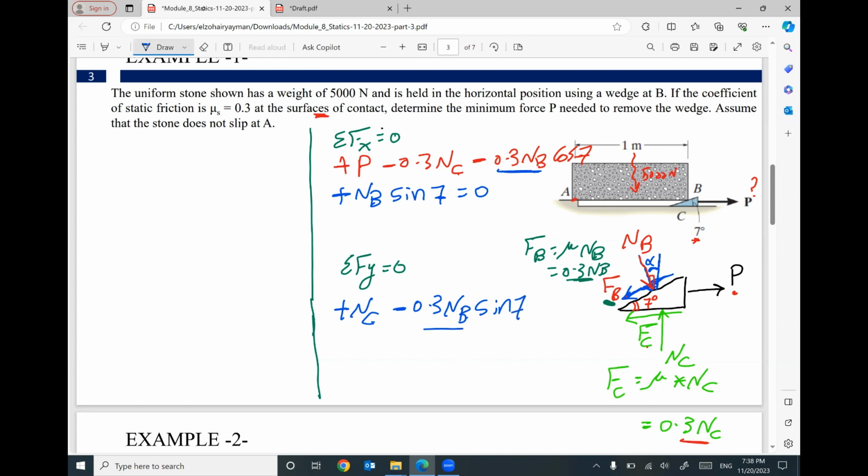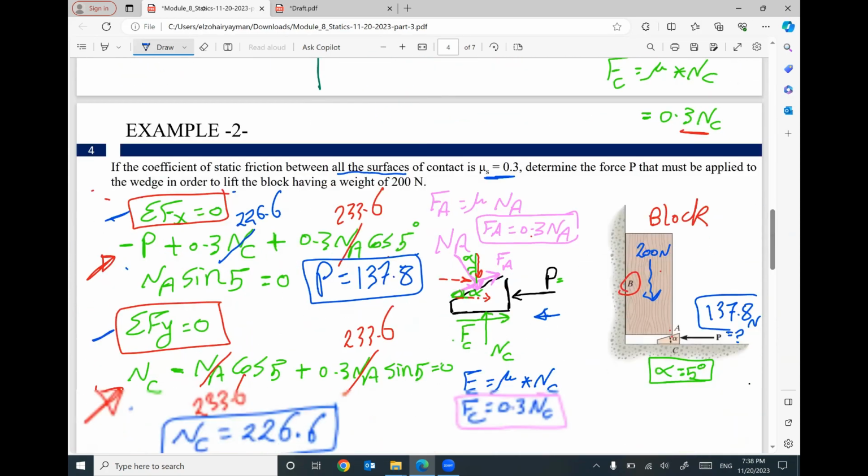Keep in your mind, this term represents FB. And we have also negative NB cosine 7 equals 0. Looks like we have two equations, but in three unknowns, capital P, NC, and NB. Unfortunately, mathematically, I cannot solve.